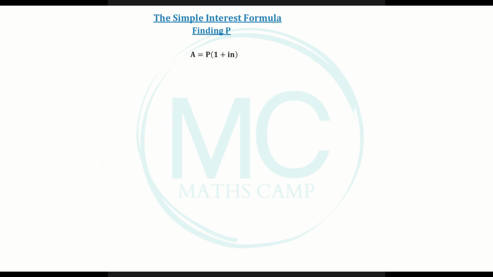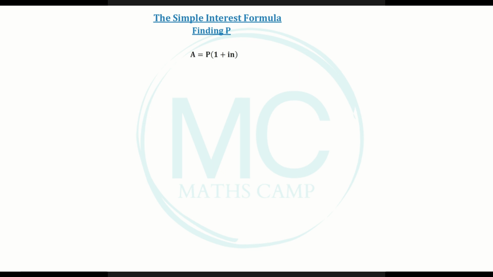Now, the formula takes on the format A is equal to P multiplied by the bracket 1 plus IN. And we've used this before to solve for A. To make it easier for us to solve for P, we can make P the subject of this equation.